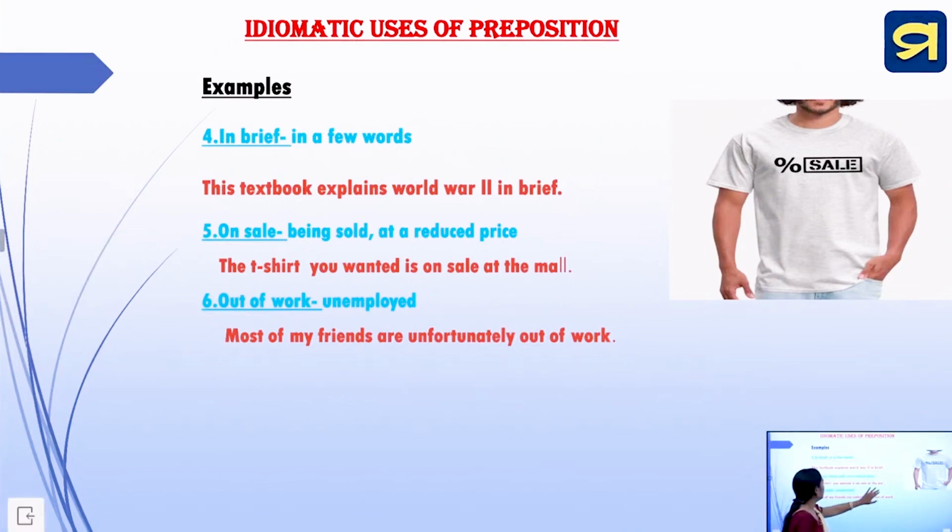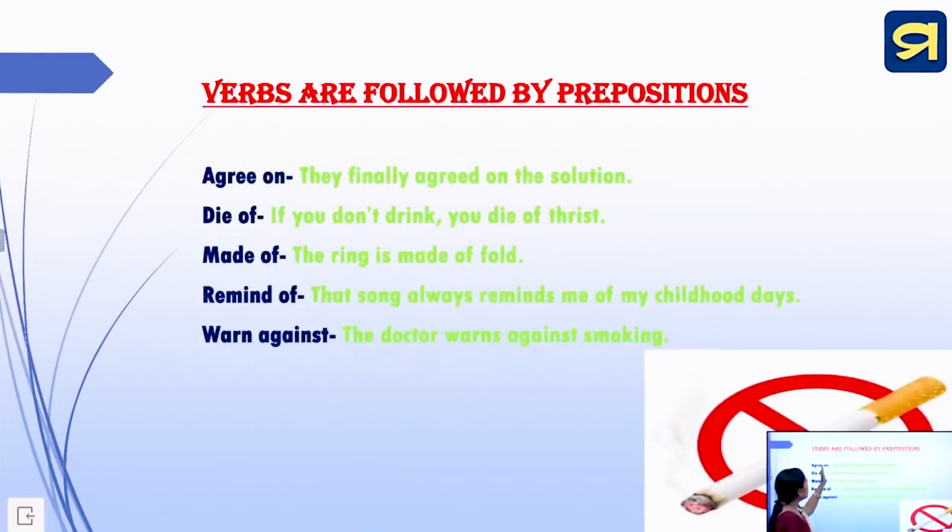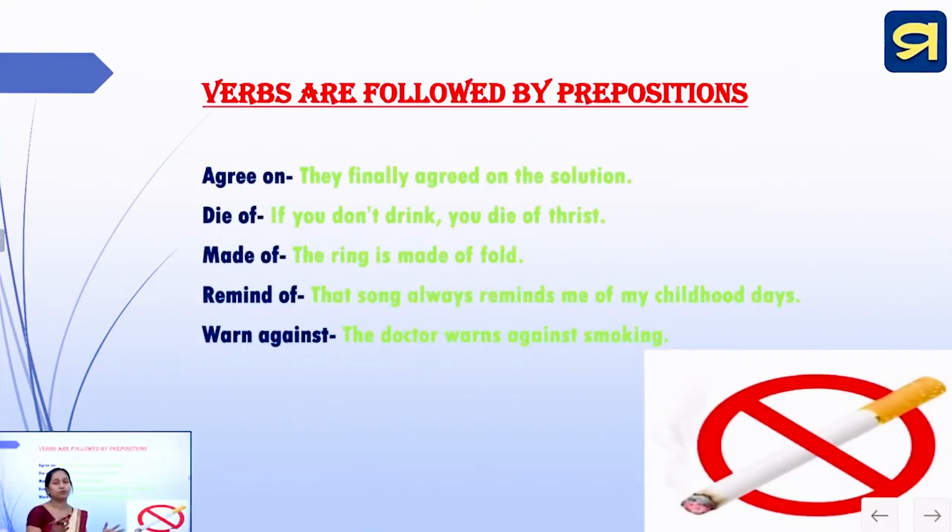Next, verbs followed by prepositions. There are some verbs which are followed by a preposition. I have taken some of the examples. There are some more examples given in your book, but I have given only a few examples.